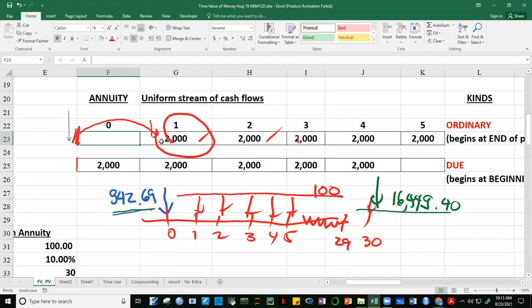Commercial loans, tapos mga, what's the term for that? Consumer loans pala. I meant consumer loans. So, kunyari maglo-loan ka ng motorcycle, maglo-loan ka ng kotse, maglo-loan ka ng bahay, maglo-loan ka ng appliance, no? Ordinary annuity usually yung mga yan.